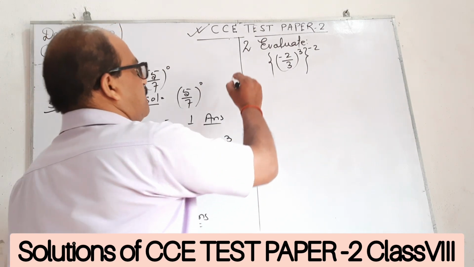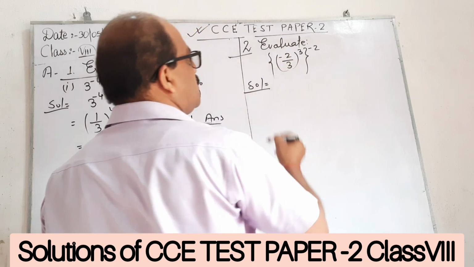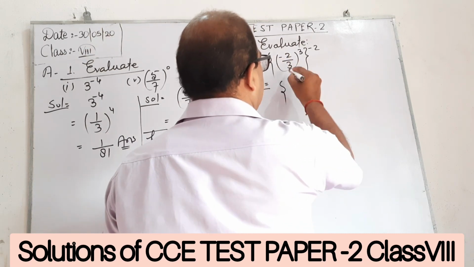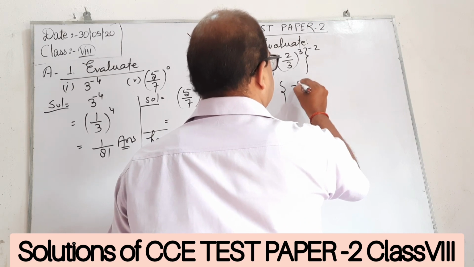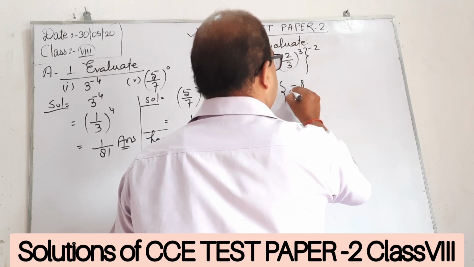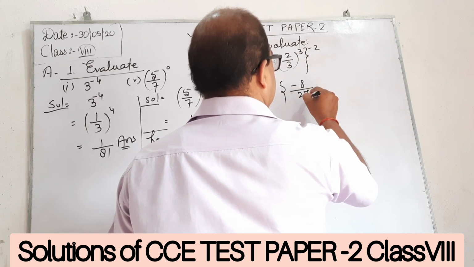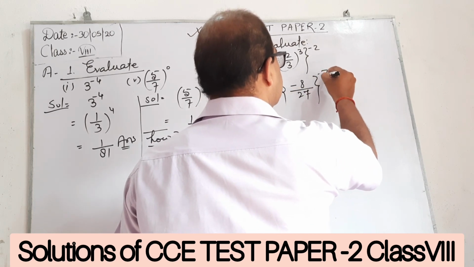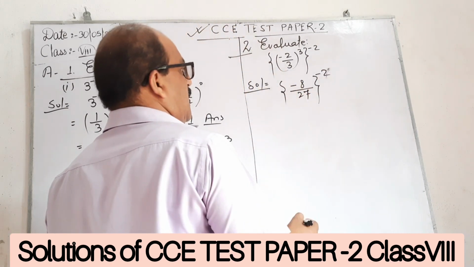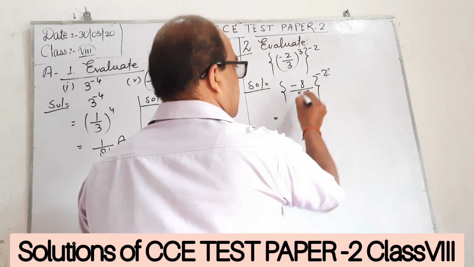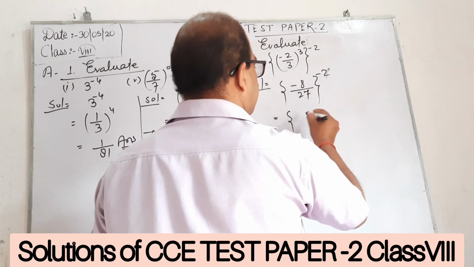In question number 2, see here, the question is given, minus 2 by 3 to the power minus 3. The given rational number will be written as its reciprocal.